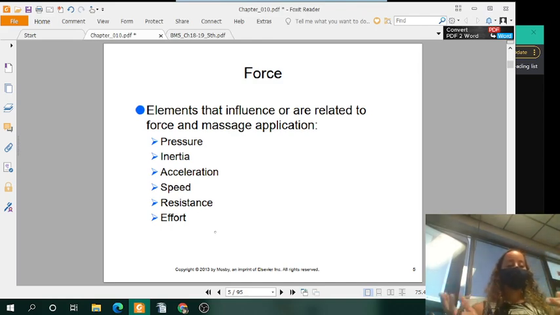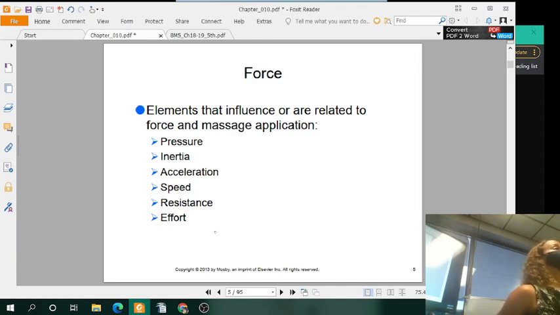Acceleration is the rate of change in the speed. It also can be proportional. So a larger force is going to cause more acceleration than a smaller force. Just like if you have a 50-pound child and a 300-pound adult male, if you do the same amount of force, there's going to be less acceleration against the adult than against the child.